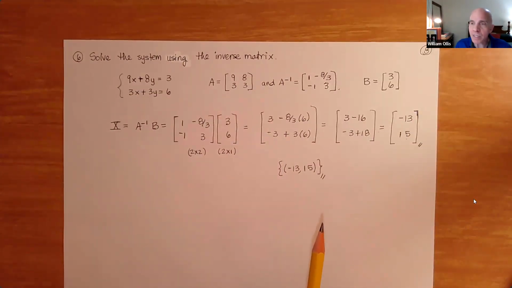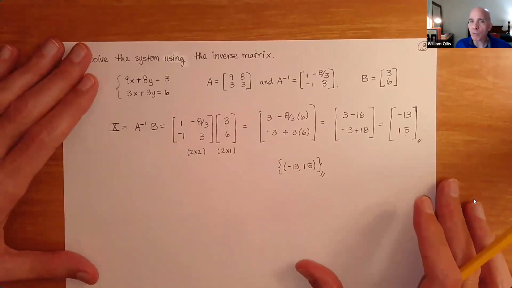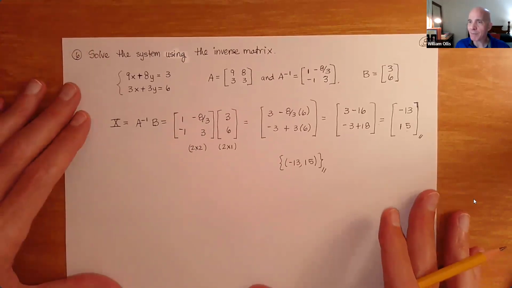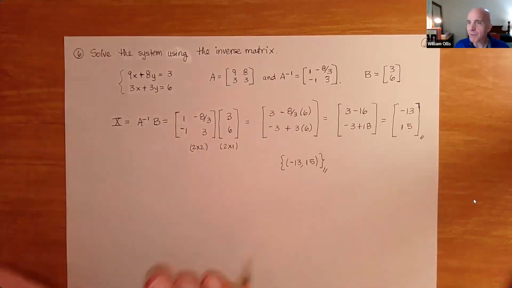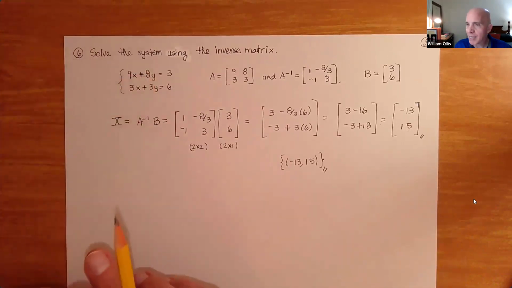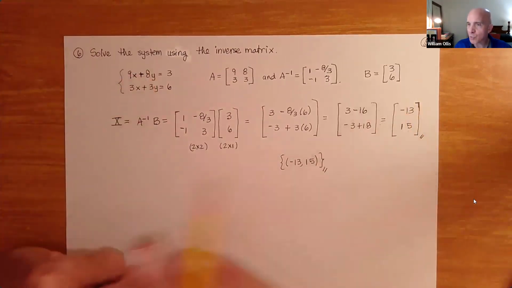So again, this is not a major result. We often can find certain models in economics for which coefficient matrices are invertible by design. And this can be a very useful way to do many computations if the coefficient matrix stays the same and the only thing that's changing is the right-hand side or the B matrix.